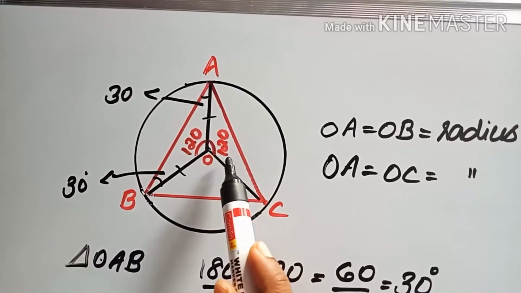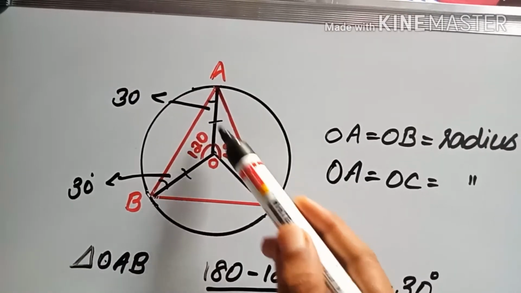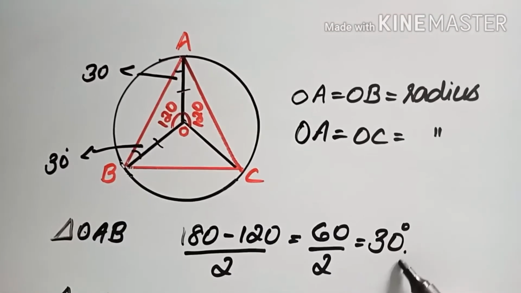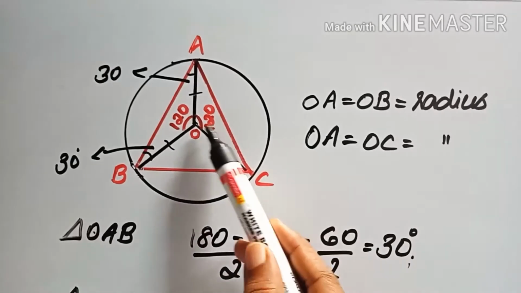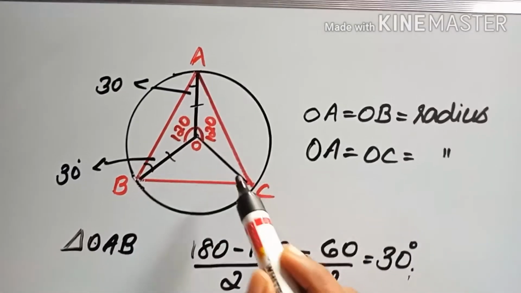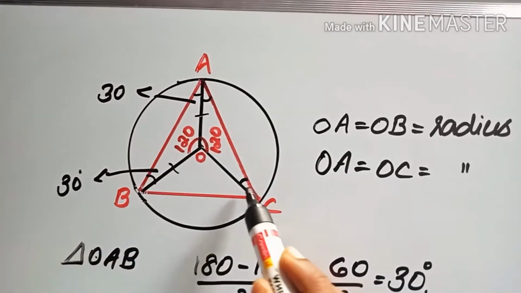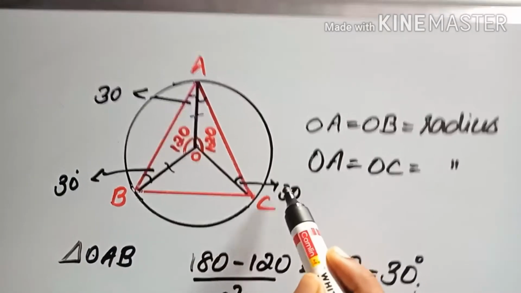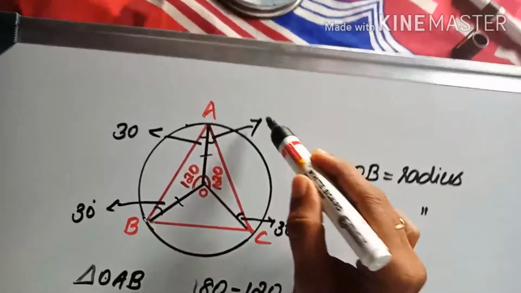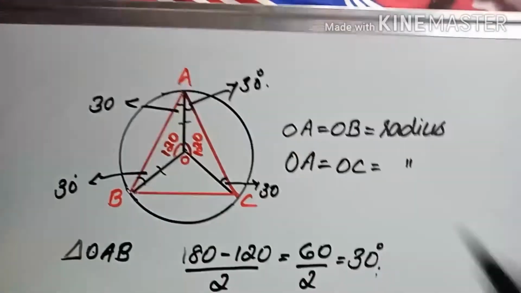One angle is 120 degrees, so the remaining two angles will be the same 30 degrees, because the 120 is the same here. So these two will also be 30 degrees. This is 30 degrees. This will also be 30 degrees.